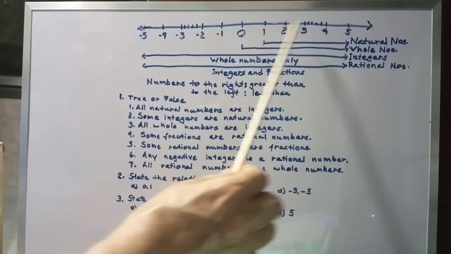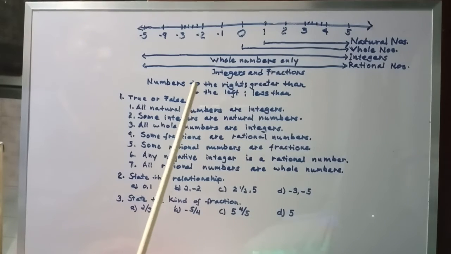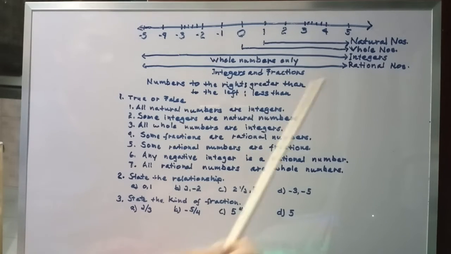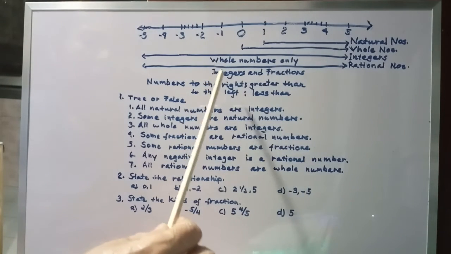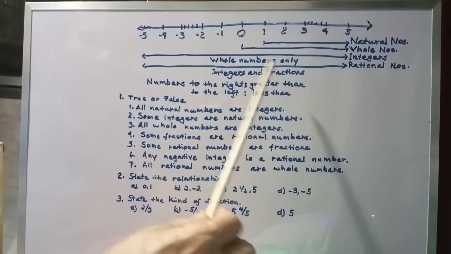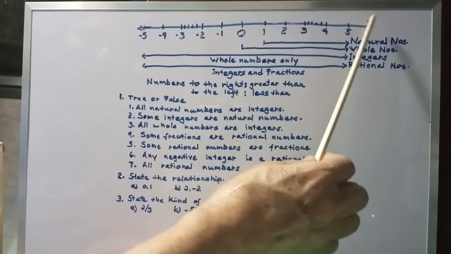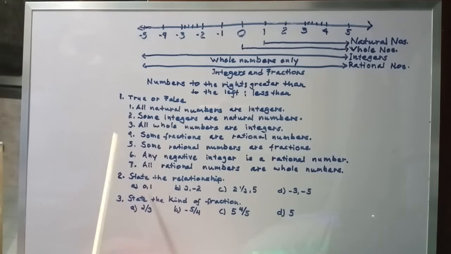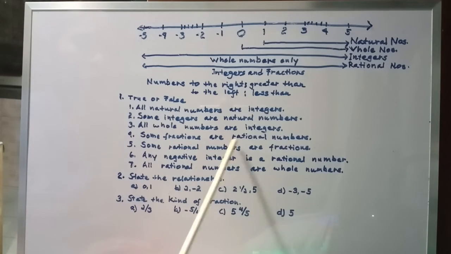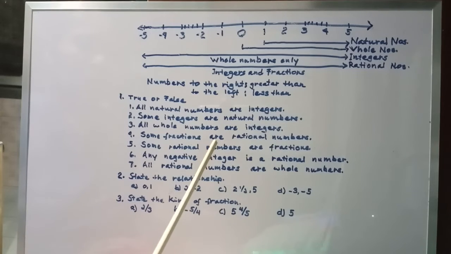But these numbers are also rational numbers. By definition, they are integers and fractions. So these are all rational numbers. Therefore, the fourth question, some fractions are rational numbers, is a true statement.